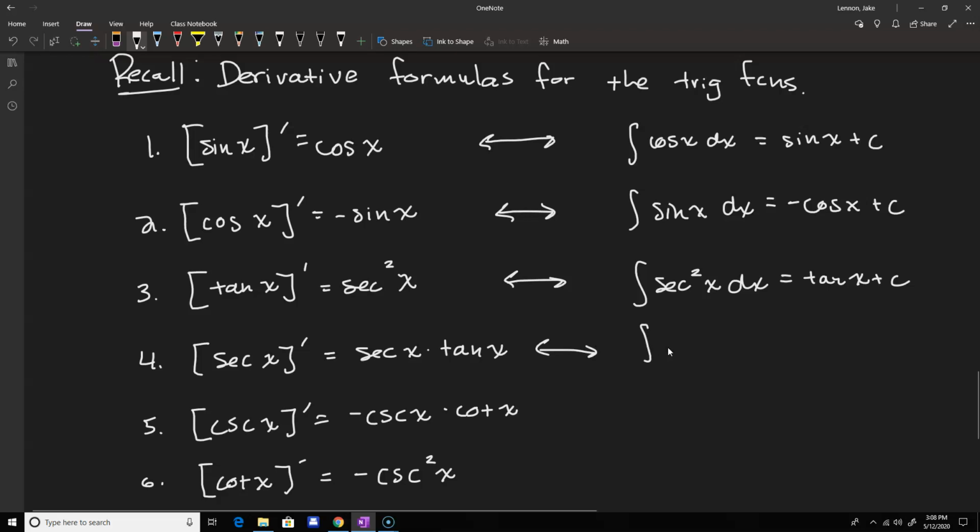If we would have the antiderivative of secant x times tangent of x dx, that would be the secant of x plus a constant. I forgot my dx there. So dx.